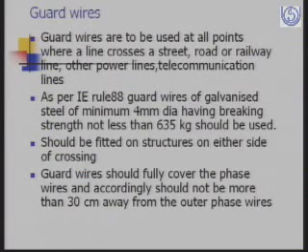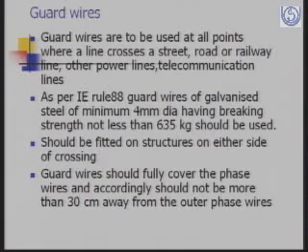Then we have the guard wires. The guard wires are generally used at all points where a line crosses a street, road or railway line, other power lines and telecommunication lines. As per IE Rule 88, the guard wires of galvanized steel of minimum 4 mm dia having breaking strength not less than 635 kg should be used and should be fitted on structures on either side of the crossing.